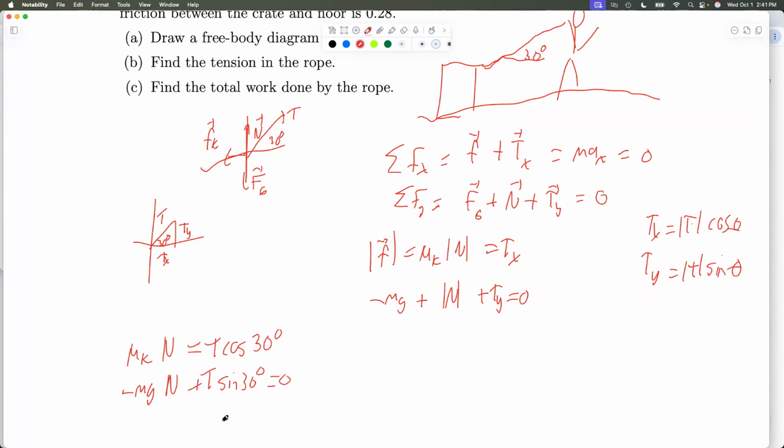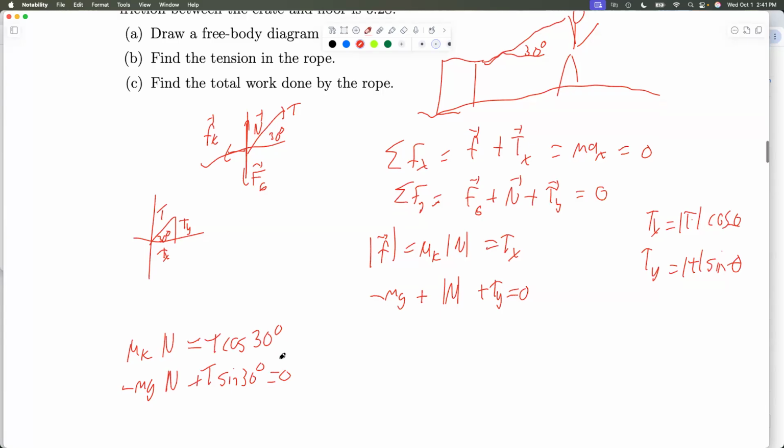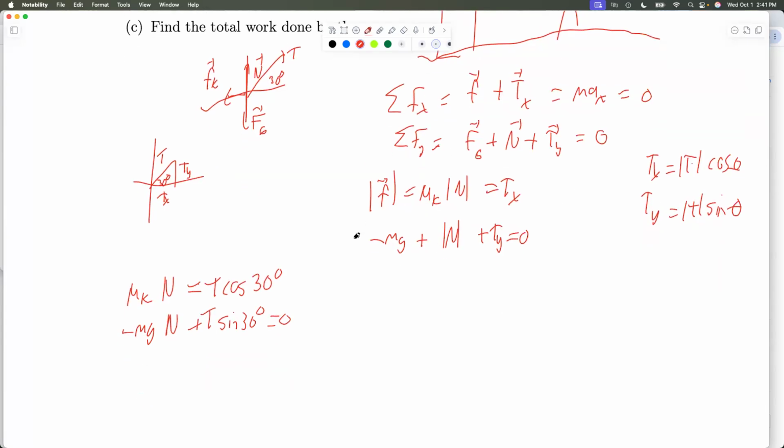Sine of 30 is a half. Cosine of 30 is root 3 over 2. We could get our calculator out. So this implies mu k times N is root 3 over 2 times T. And this one says negative mg plus N plus T over 2 equals 0.